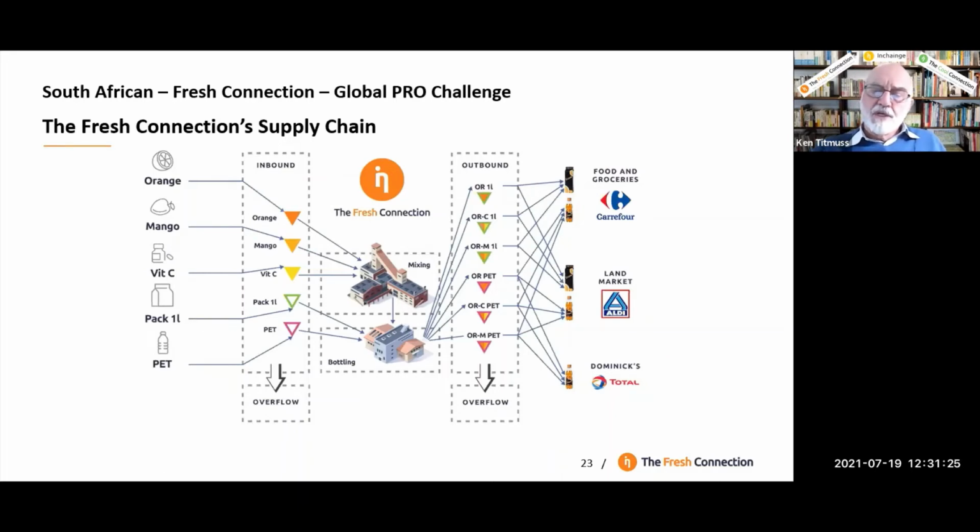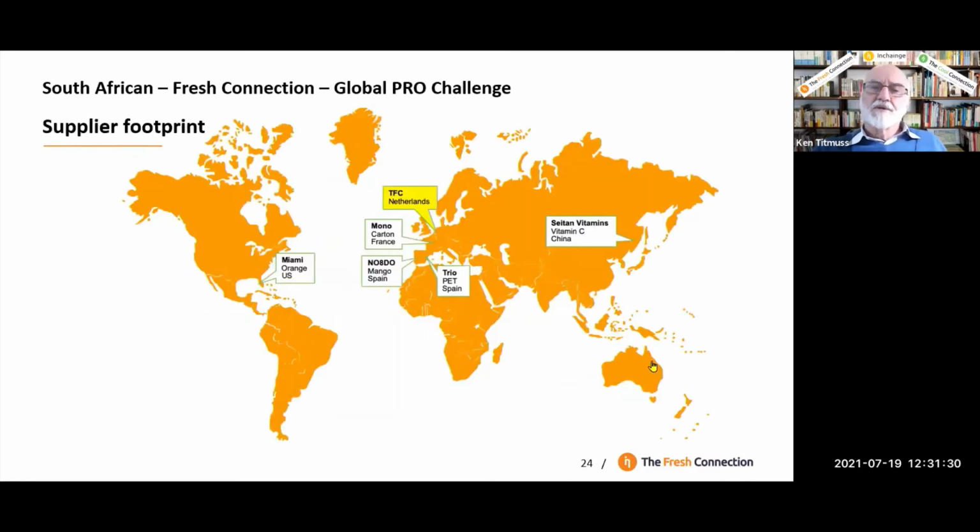So that gives us a little bit on the supply chain there. But where are we getting our raw materials and components from? Well, initially the setup is such that you're buying your oranges from Miami, you're getting your mangoes from Spain, you're getting your vitamin C from China, you're getting your PET bottles from Spain, and you're getting your 1 liter cartons from France.